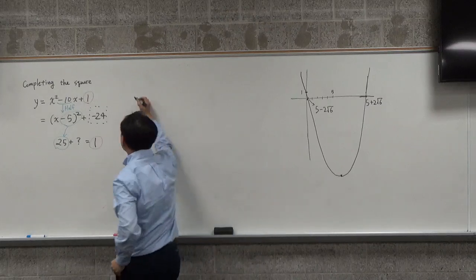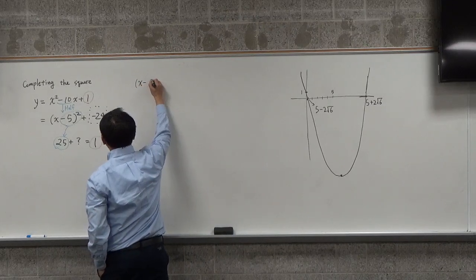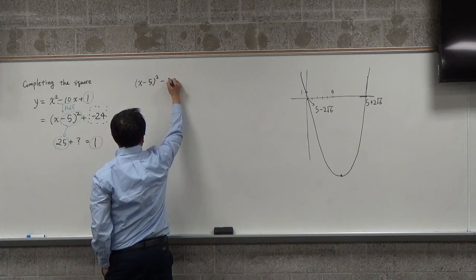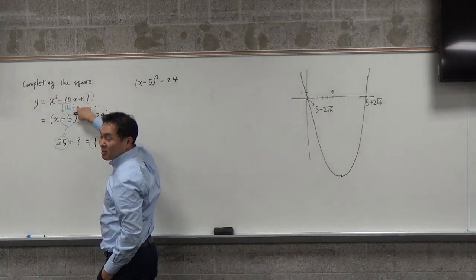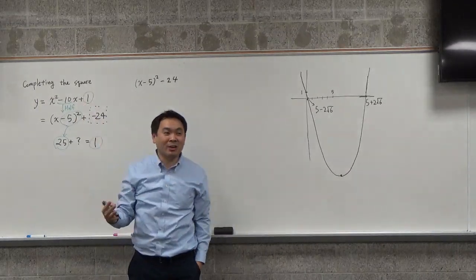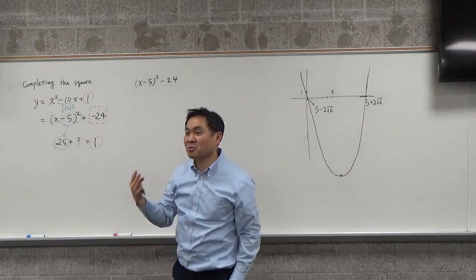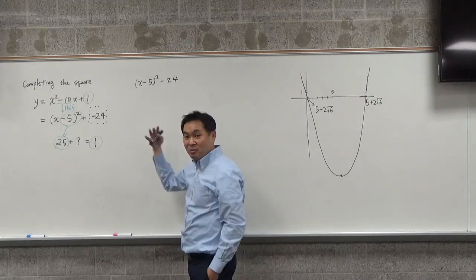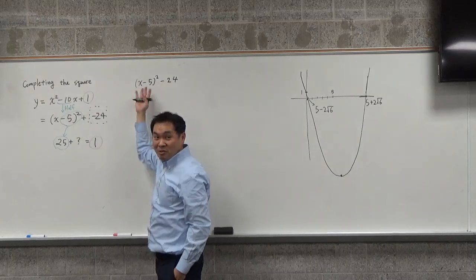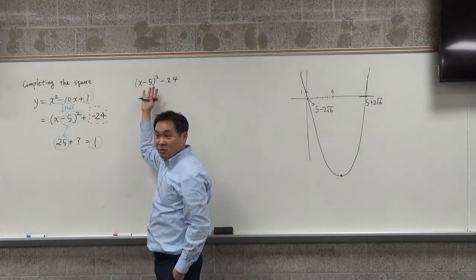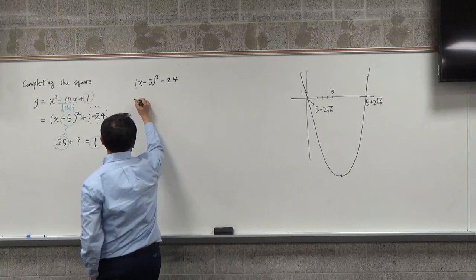And by the way, you should also check that this indeed is equal to the original thing. I mean, during the exam, let's say you've solved everything and you have some time left and you want to check if you got things right. And you come back to this one and you want to know if you really did this correctly or not. How would you check? Well, think of it this way.